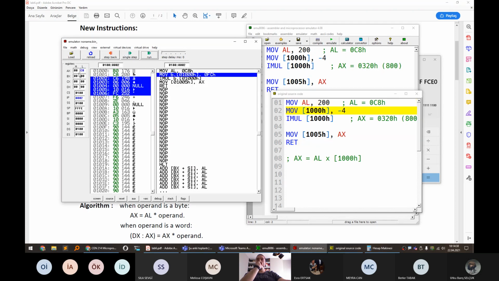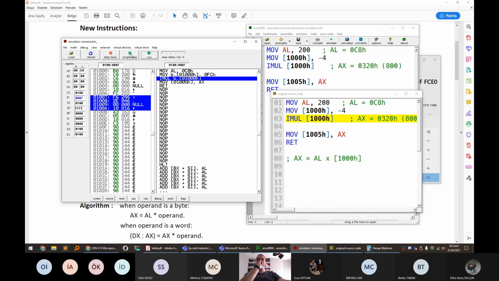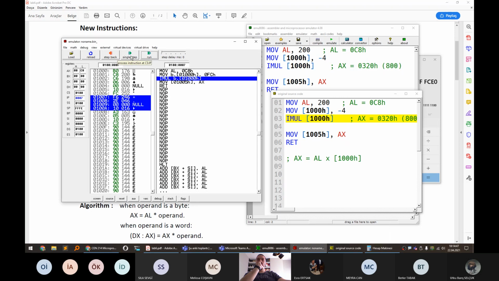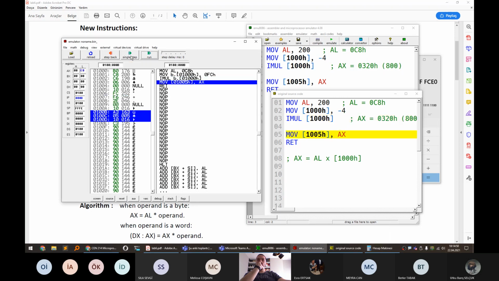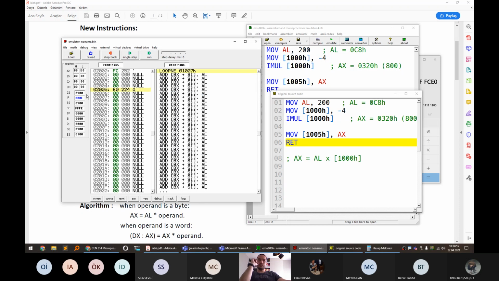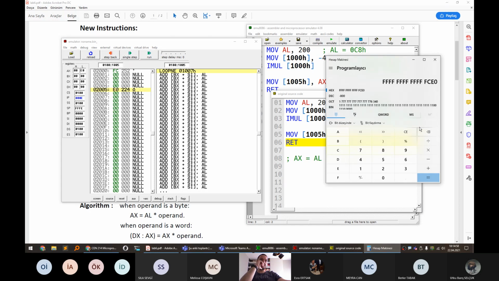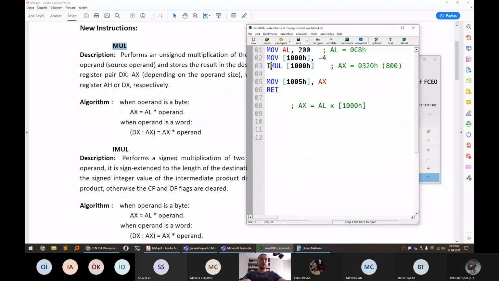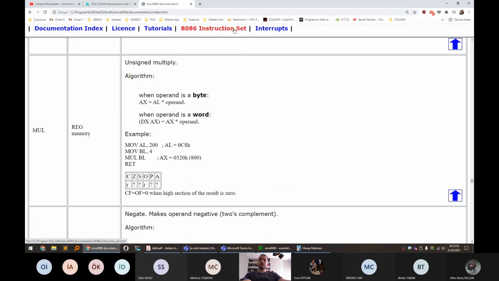Let me reload this. 200 times minus 4 with I multiplication. The result is E4, not just E4. There's something wrong with this. 200, minus 4. Let me use a medium. I multiplication.